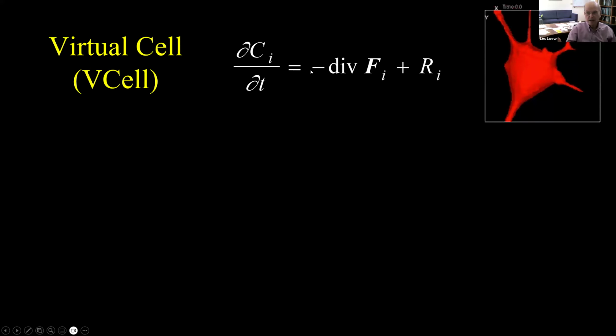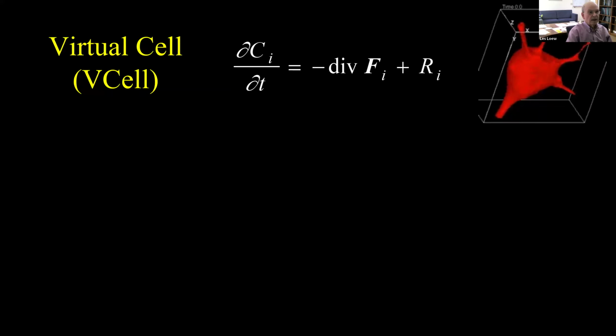That's the same as that second derivative of the concentration that I showed you before. This is just the shorthand way of writing the same thing. So Virtual Cell does allow you to do that. It allows you to solve for the concentration of every molecule I, or every state of a molecule I, in the system as a function of time.